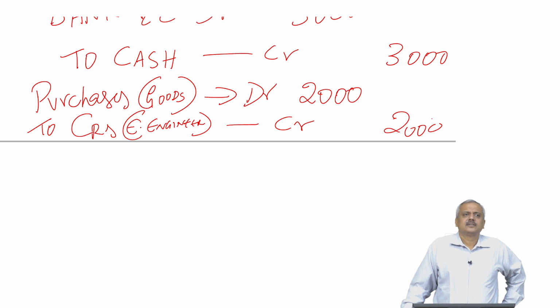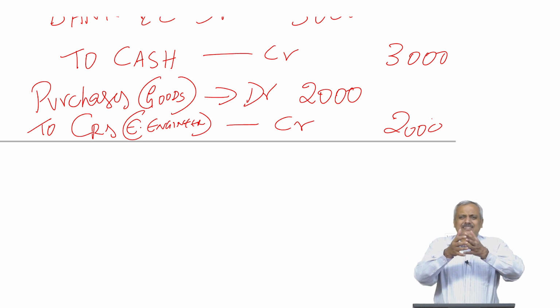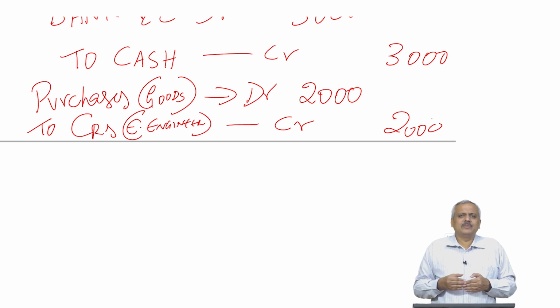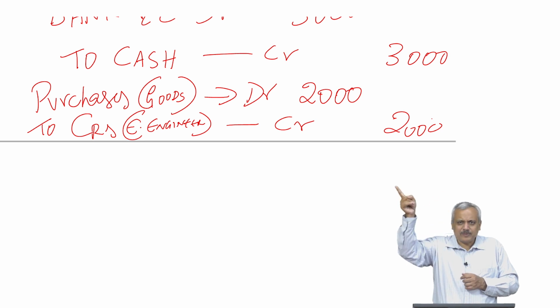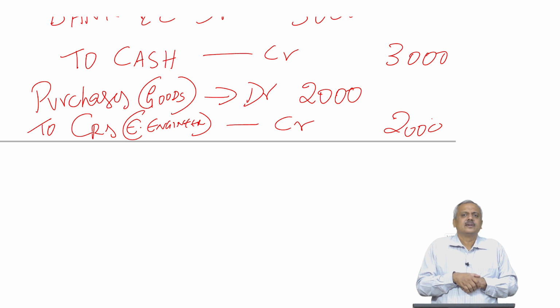I repeat, in this case, what has happened? There is a purchase. When there is a purchase, goods are coming in, which means an asset is increasing. The moment an asset is increasing, the principle is debit what comes in. That is what I have done here. Second, have you paid cash?